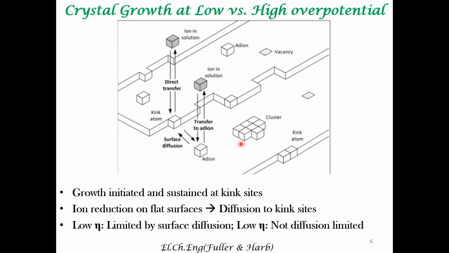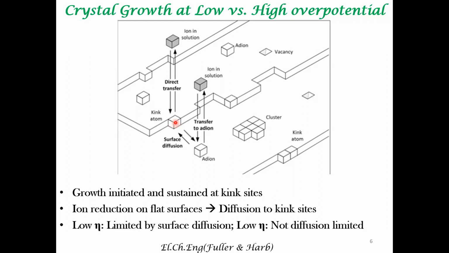Unlike that case, you may also have electrodeposition at high overpotential. So what did we first see? In the first case, described in the previous two slides, the electrodeposition is conducted at low cathodic overpotential, in which case an element that is deposited on a flat surface or even on step edges may diffuse to this kink site.